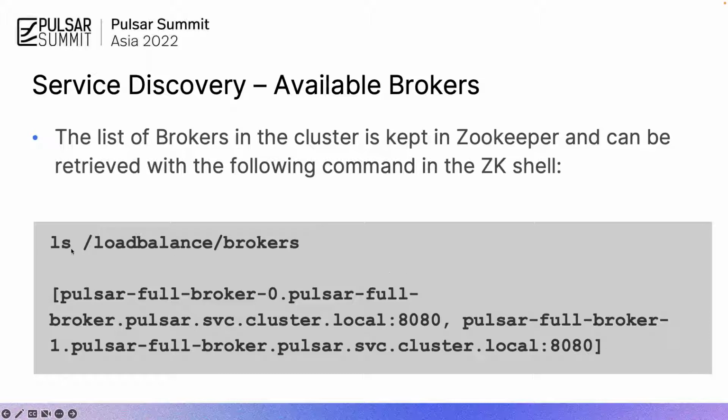This is inside the ZooKeeper shell, as you can see, and it is a single directory, loadbalance brokers. This is a fairly static data set compared to the previous category of pointers to data, which is continuously increasing in size as data is added to a Pulsar cluster. In contrast, this data set will only change if and when brokers are added or removed from the cluster itself.